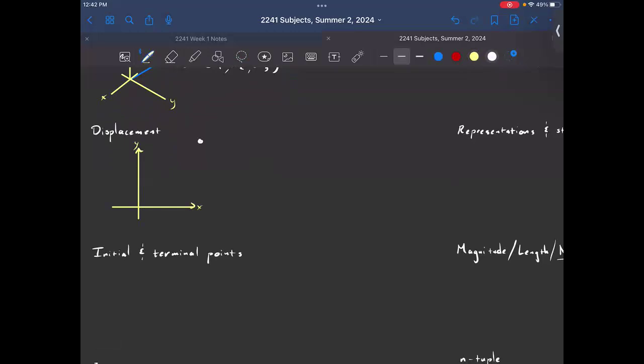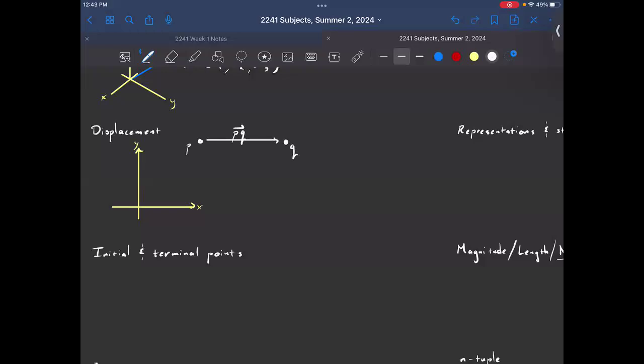And let's say I start at this point right here, P, and I walk over to this point, Q, right here. Then I can call this arrow that I just drew the vector PQ, and that is the displacement vector from P to Q.